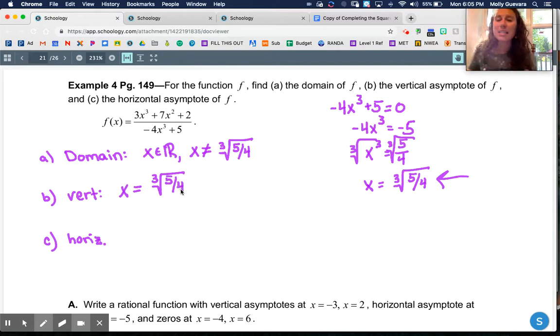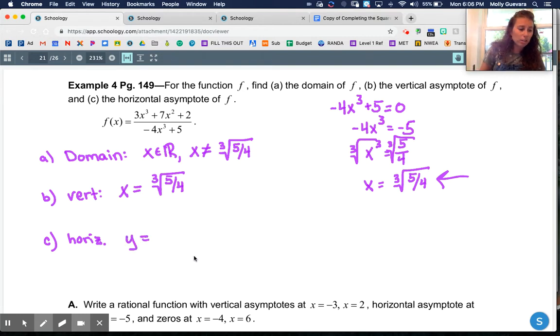And that makes sense. Think about it. I'm not allowed to plug in a number at the cube root of 5/4, whatever that is, right? And the reason I'm not allowed to plug in a number there is because there's an asymptote. The graph never gets there. So that makes sense that it's not part of the domain because I'm not allowed to plug a number in for that value because there's a vertical asymptote there.